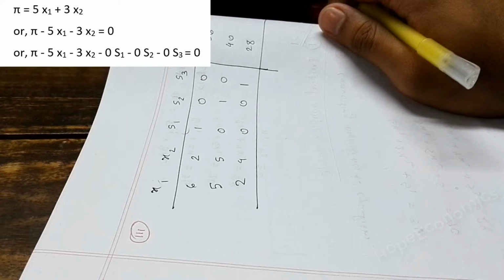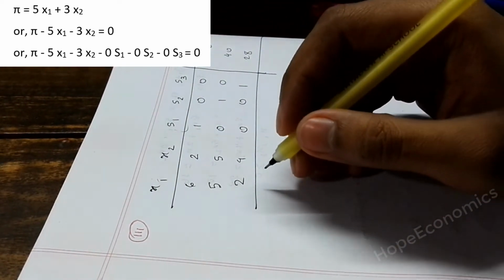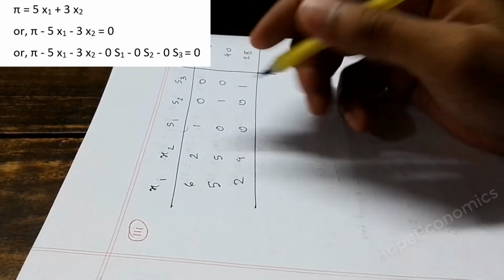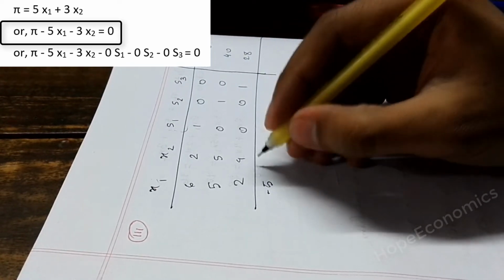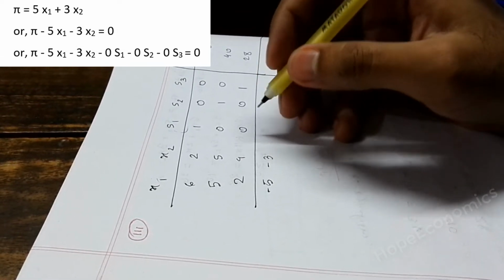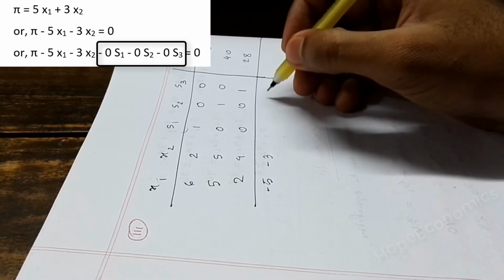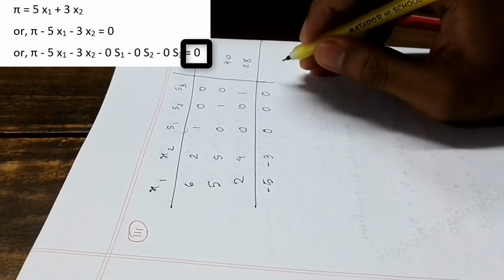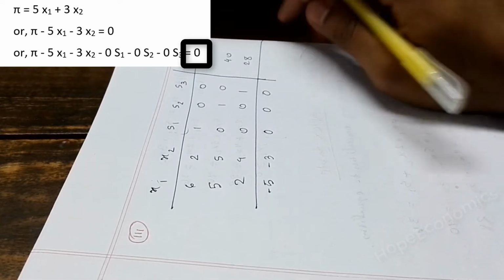As there is no s1, s2 or s3, those will be 0. First we have to take the negative coefficient of that equation. So let's take -5, as there is +5, then -3, that was +3. As there is no coefficient for s1, s2 and s3, all will be 0. And we also see that there is no constant at the end.